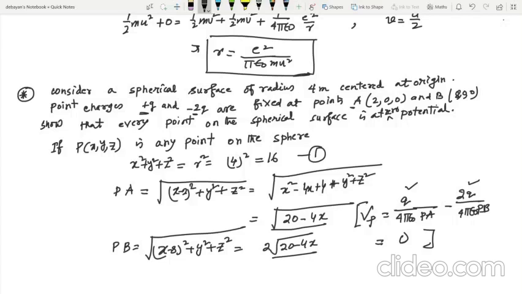So that is given, and you have to find the electric field.